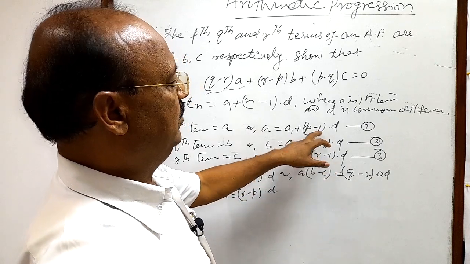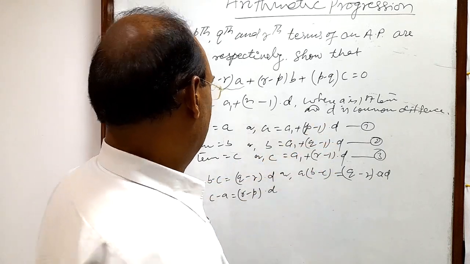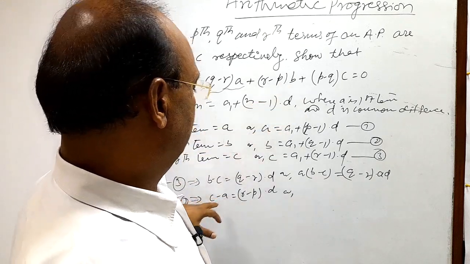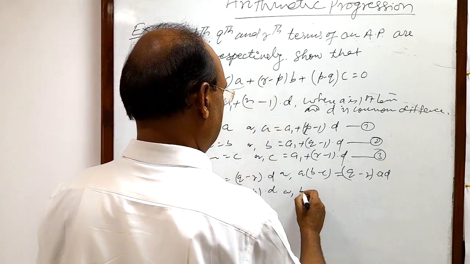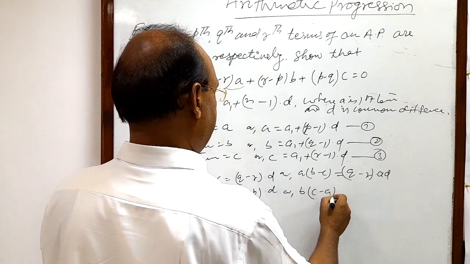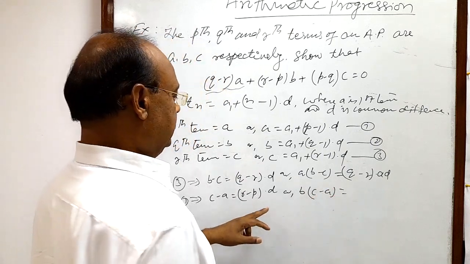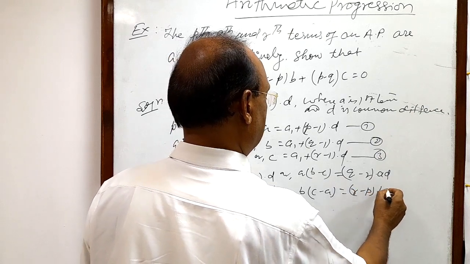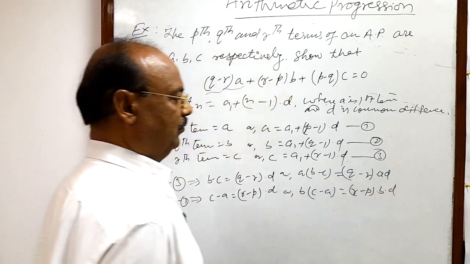The a1 will be cancelled out when subtracting. Here we need r minus p into b, so multiplying both sides by b, we get b into c minus a is equal to r minus p into b into d, correct.